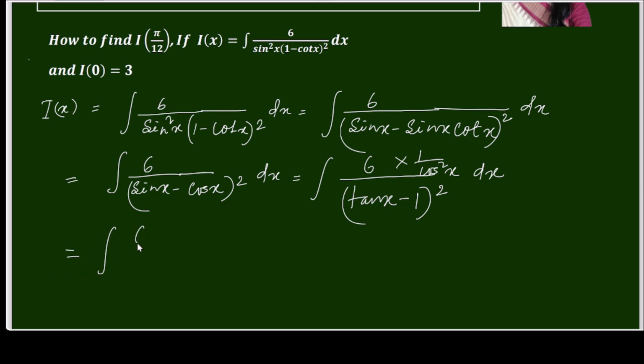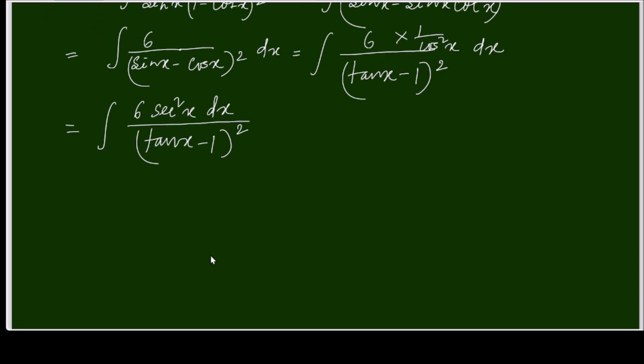Same as 6 sec square x over (tan x minus 1) whole square. Taking tan x minus 1 as t, sec square x dx equals dt.